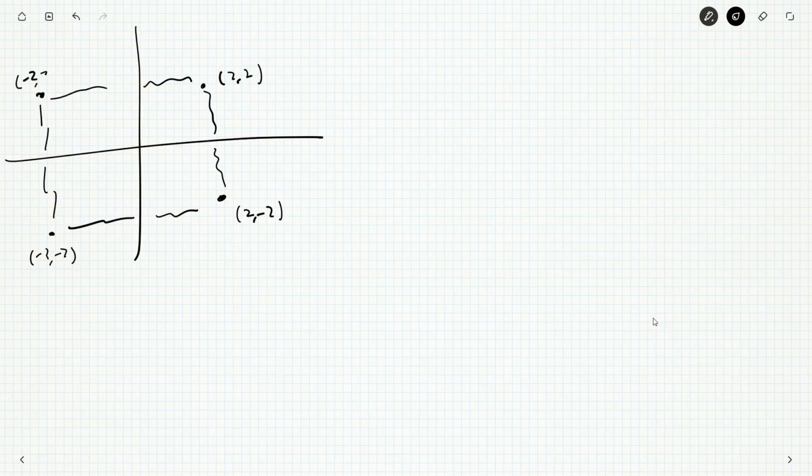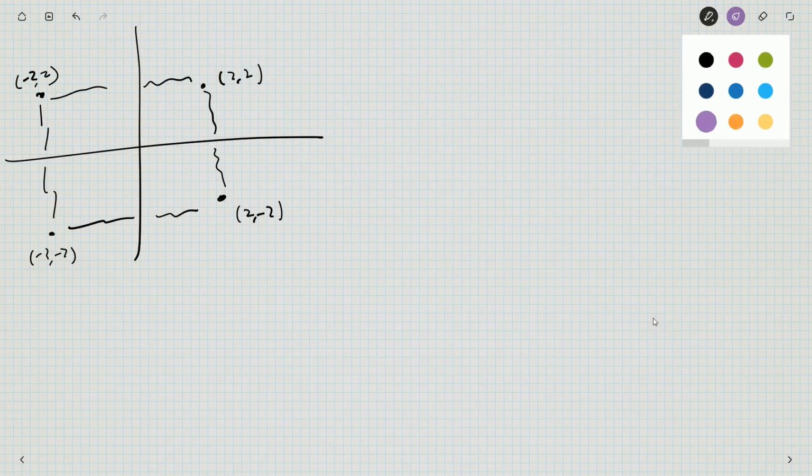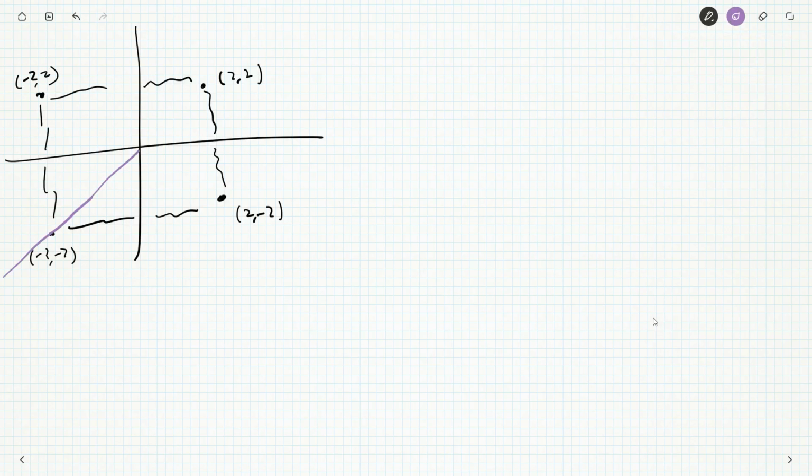Okay, and when we start to think about this, we realize all of the equidistant points, as they call them, lie on these two lines here: y equals x and y equals negative x. These are going to be all the equidistant points.